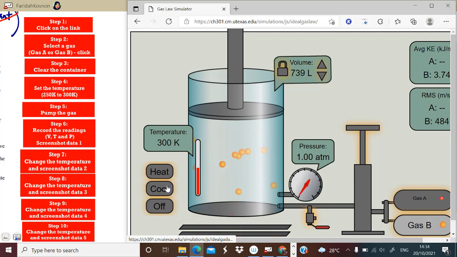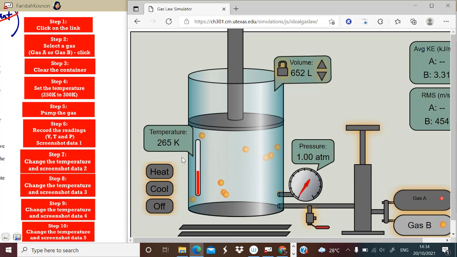Okay, so katalah saya tambahkan sikit. Ni dah terlalu jauh. Katalah 265. 265 Kelvin, berapa volume occupied? 652 liter. Pressure tidak berubah. Okay, saya cuba rendahkan suhu semula.